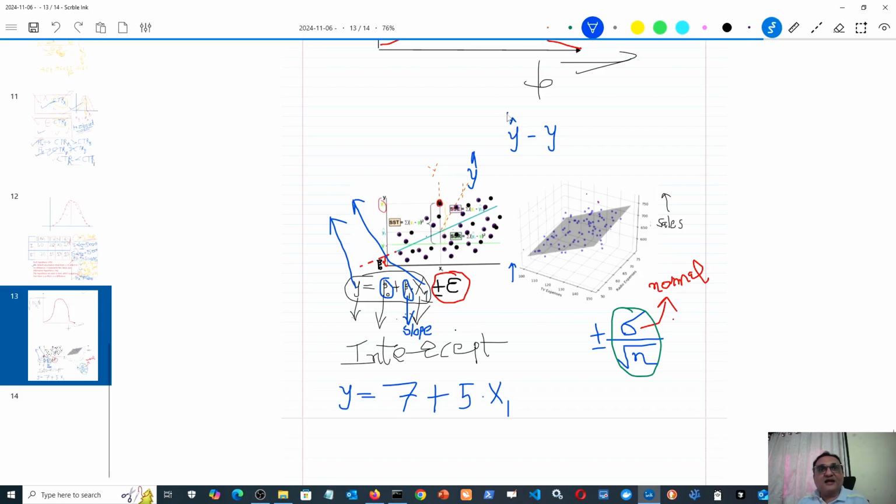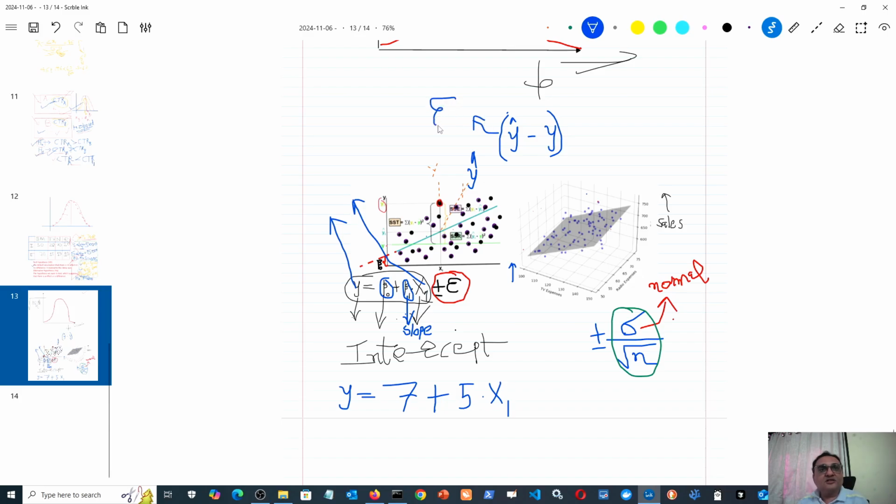So this difference between actual and predicted is the error. Suppose it is shown by epsilon 1, the error in observation 1. Here it would be negative because my predicted value is smaller.